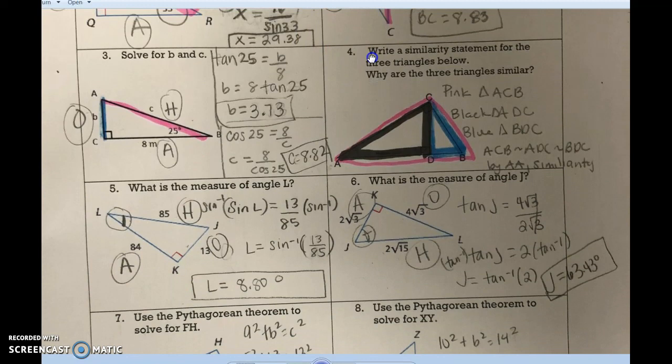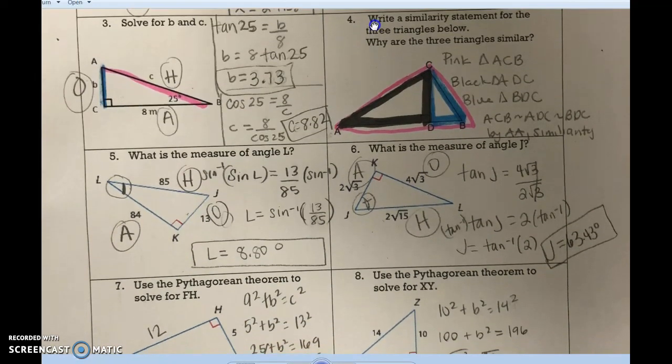All right, let's look at questions 3 and 4. This time we're solving for B and C. So those are two side lengths of a right triangle. As you can see here, I've already labeled my triangle, and my reference angle here is 25. So opposite, adjacent, hypotenuse.